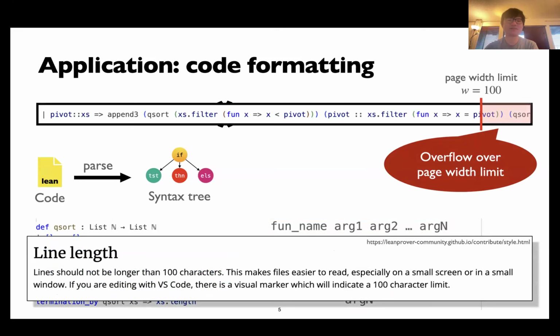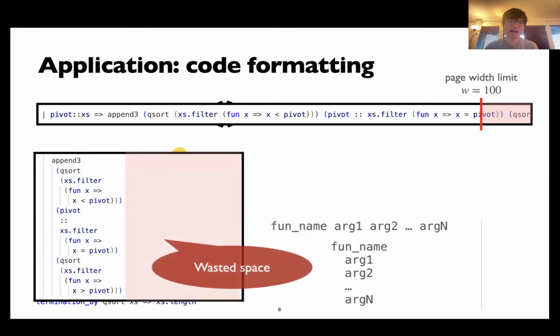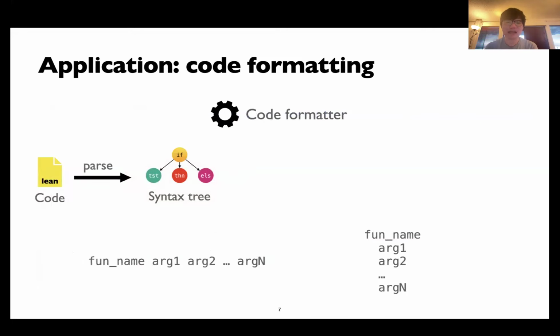We don't want that. On the other hand, if we only have the vertical style, then there could be really verbose code like this. And in particular, it has a lot of wasted space. So we also don't like that. So it's important to have these styles and use them in a mixed way so that the code looks good.